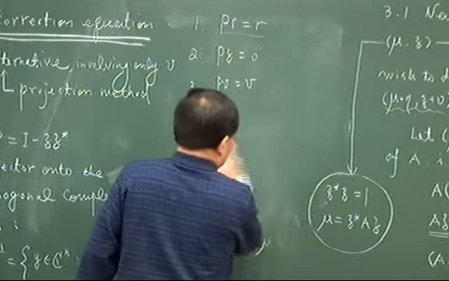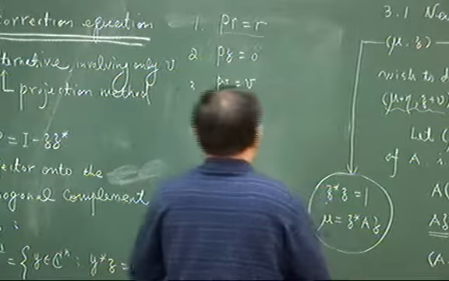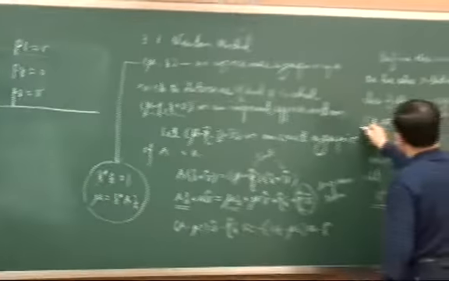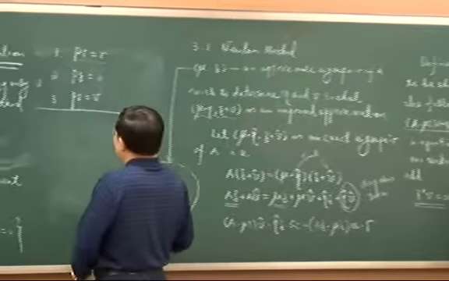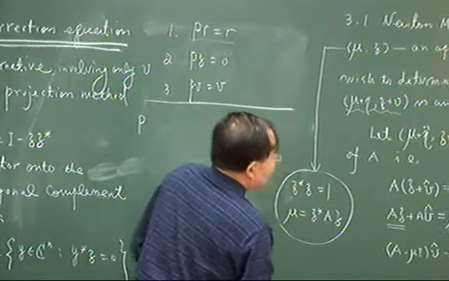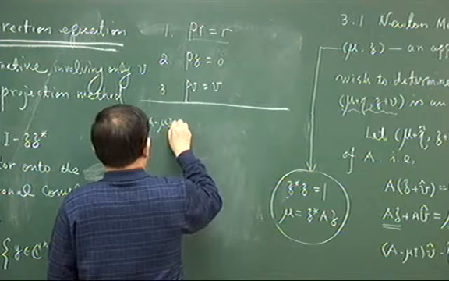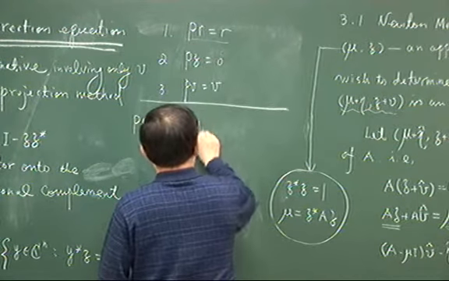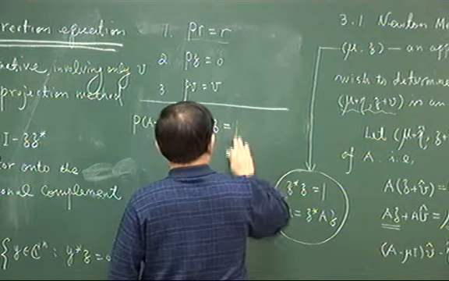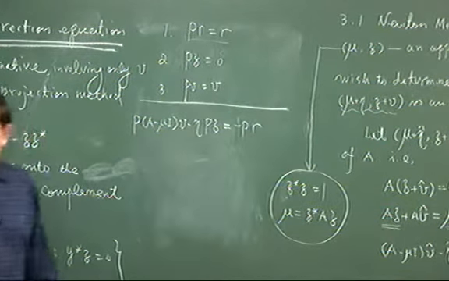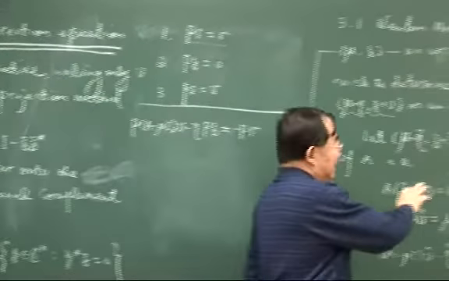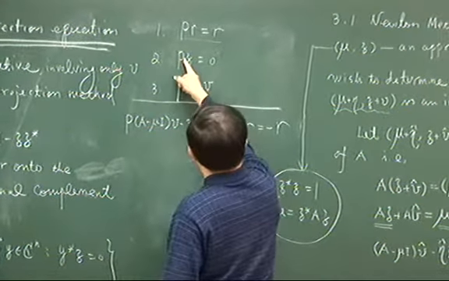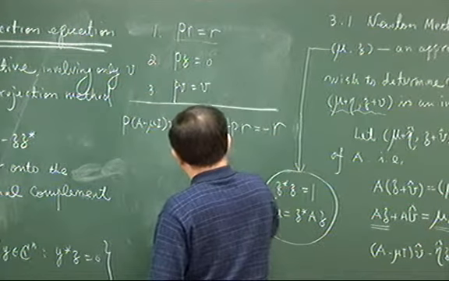Now we use these properties. For this equation, we multiply P from the left: P(A − μI)v minus P z η equals P R. This is equal to R, because Pz is equal to 0, so this term is equal to 0.